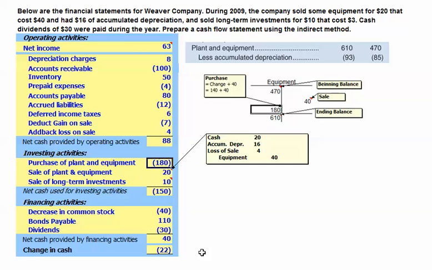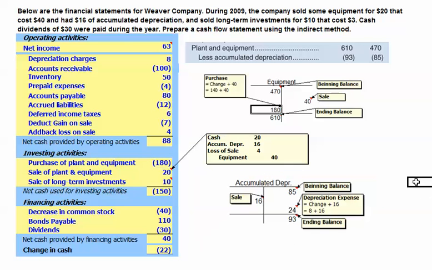So let's go ahead and take a look at the change in accumulated depreciation. Currently, we picked up the change of 85 to 93, and we said that change had to equal depreciation expense of $8. But let's go ahead and look at the actual accumulated depreciation account during the year. When we recorded the sale of equipment, we debited accumulated depreciation for 16.